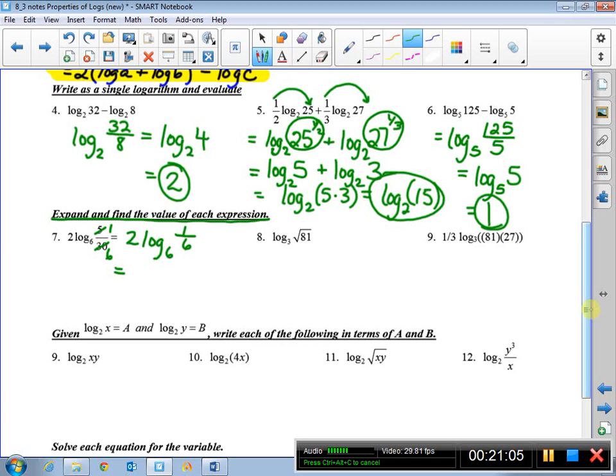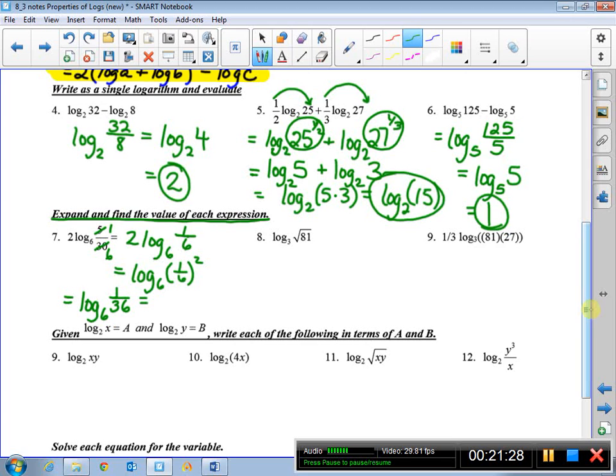And I see a base of 6, so I really want it to look like something that has to do with 6 and not a 5 and a 30. So I'm going to take the exponent 2 and put that back on 1/6, which is now log base 6 of 1/36.